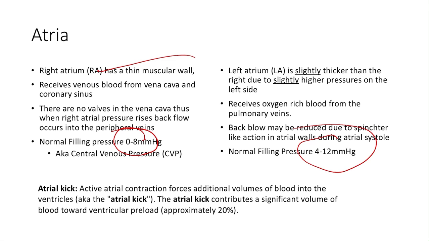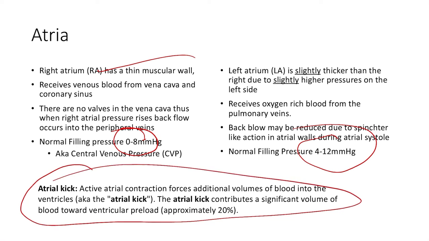What happens is, preceding ventricular systole or contraction, the atria contract and provide a little bit of extra kick, about 20% of the ventricular preload. So again, during diastole, when the heart's in relaxation and open back up, blood is flowing into both sides, right and left, passively.